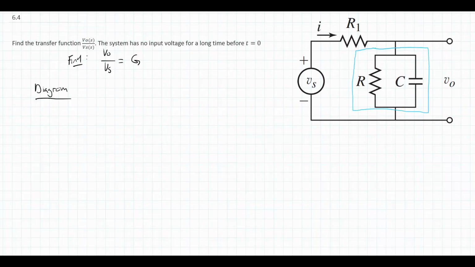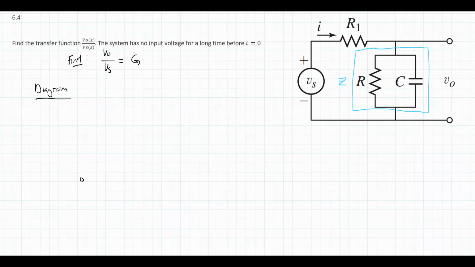And so I'm going to replace this and say that it has equivalent impedance of Z. Now, again, I could also turn R1 into an impedance block. I'm not going to do that in this case. It's not going to really simplify anything because that impedance would just be R1. So it's already only one element.